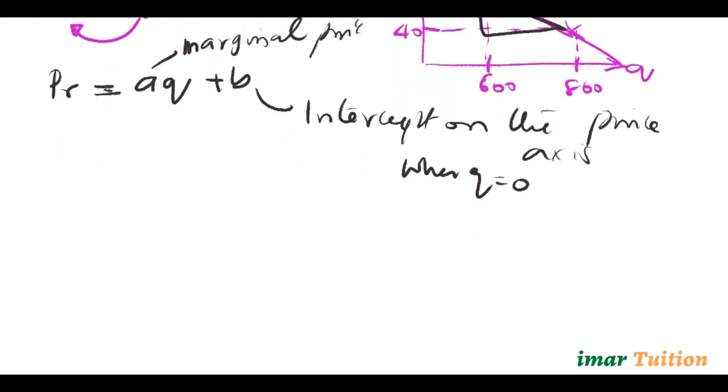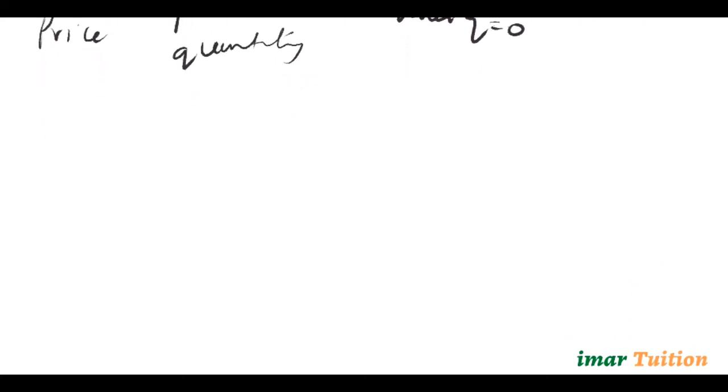Now from this expression we already know that P here is price, Q is quantity demanded. Now with that expression of price being equal to A multiplied by Q plus B, we're going to find the value of A and B. If we get the value of A and B, we would have gotten the demand function, right?